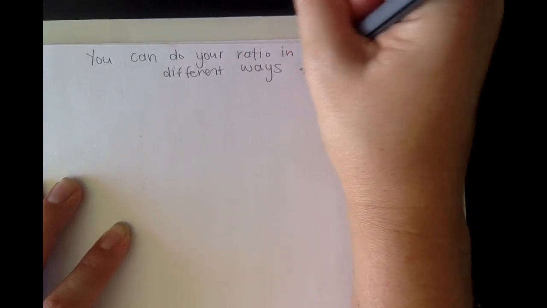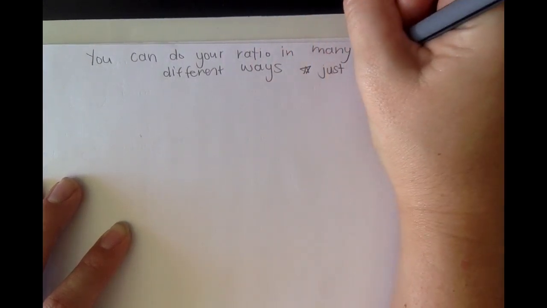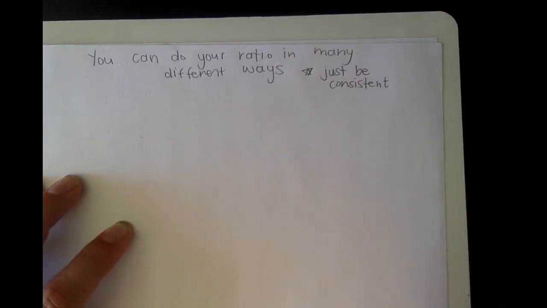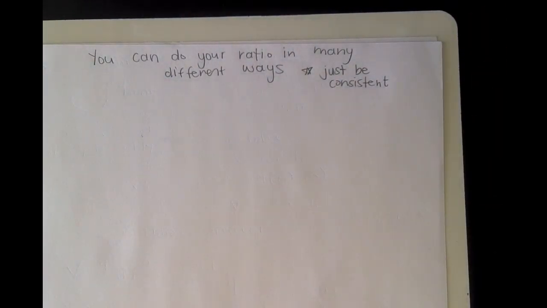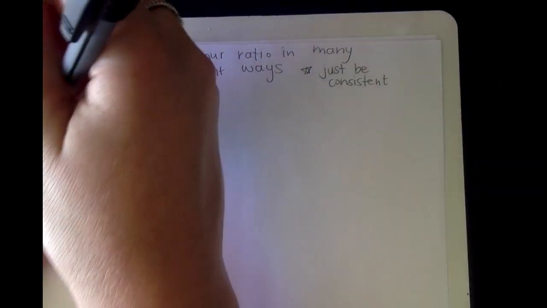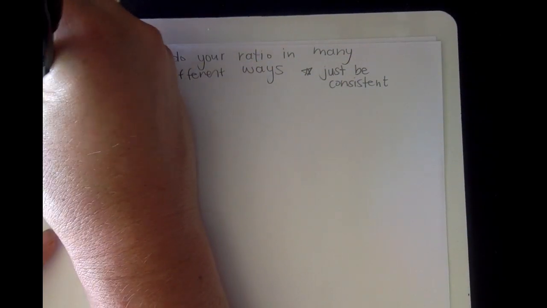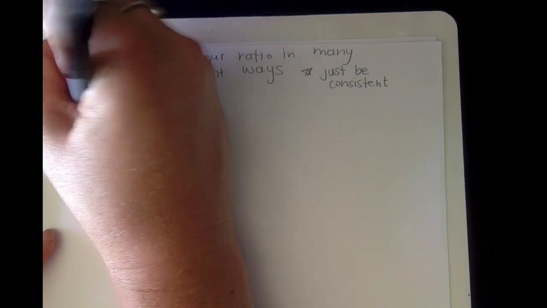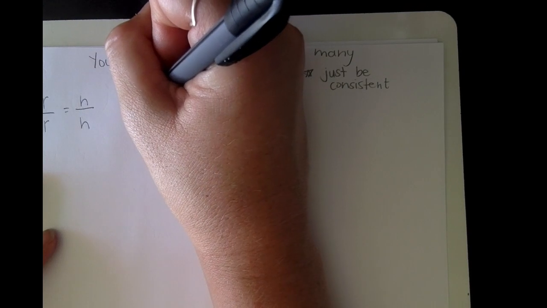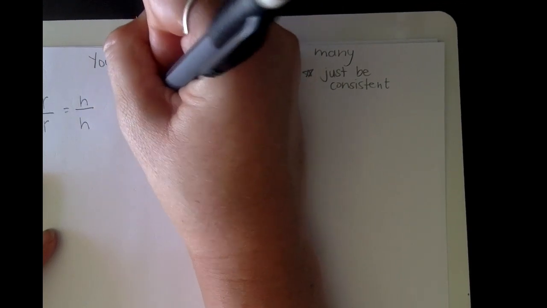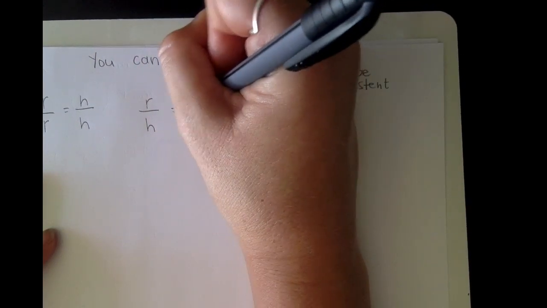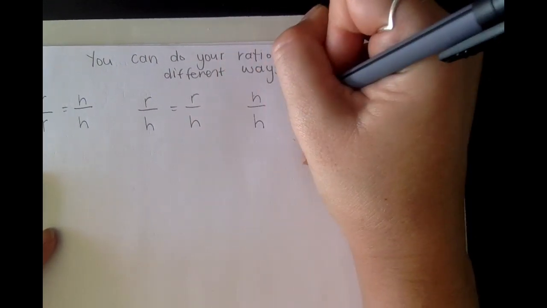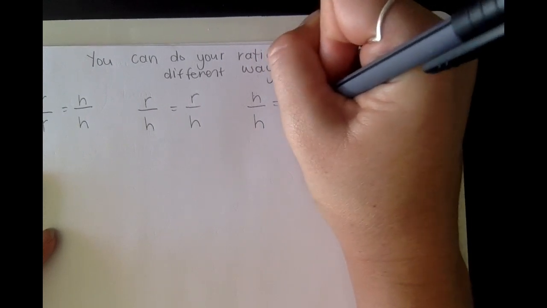You just have to be consistent with which measurements you are comparing. So for instance, if you have two different things, you can do the radius of A over the radius of B, which will equal the height of A over the height of B. You could do, just looking at A, the radius over H, which will equal the other shape's radius over H. You can also do your height over the other height and set that equal to the radius over the other radius.